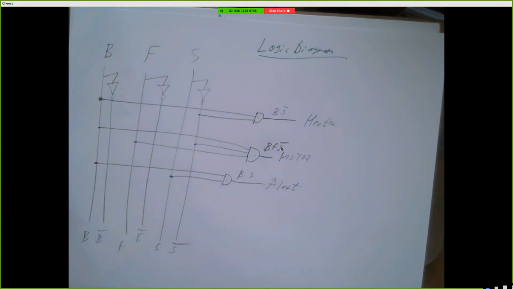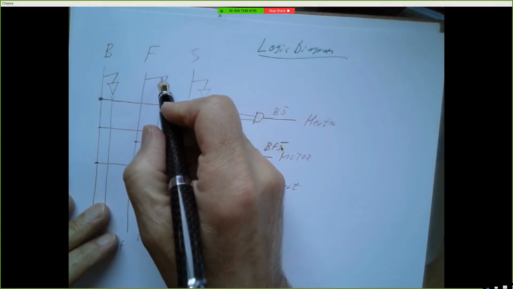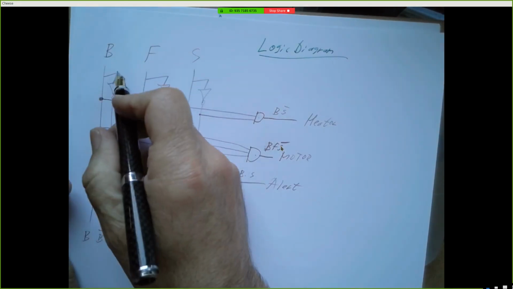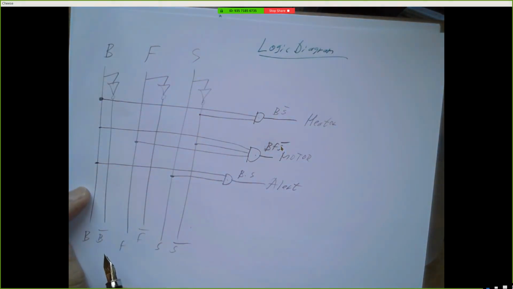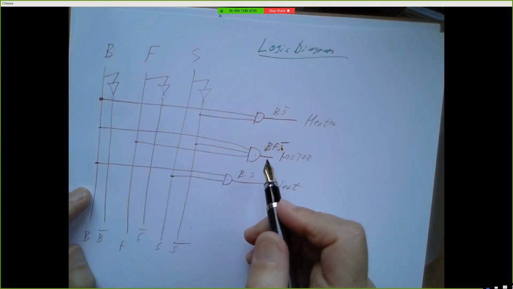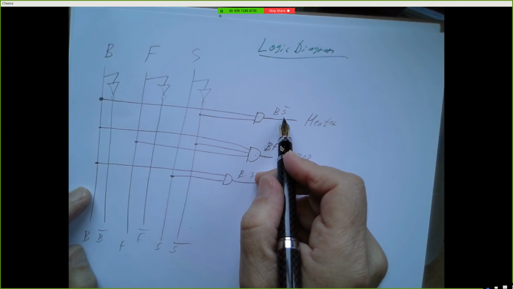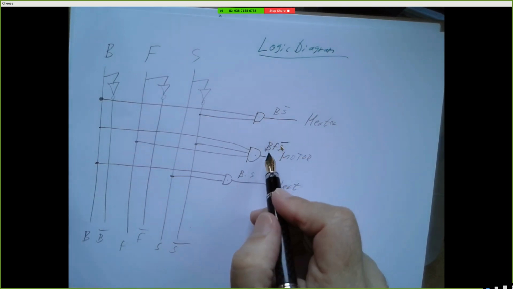Okay, well, we don't need this inverted F line. We don't need the inverted B line. And we're doing B ANDed with S bar ANDed with F. We've already got B ANDed with S bar up here. We could just AND this with F, right?